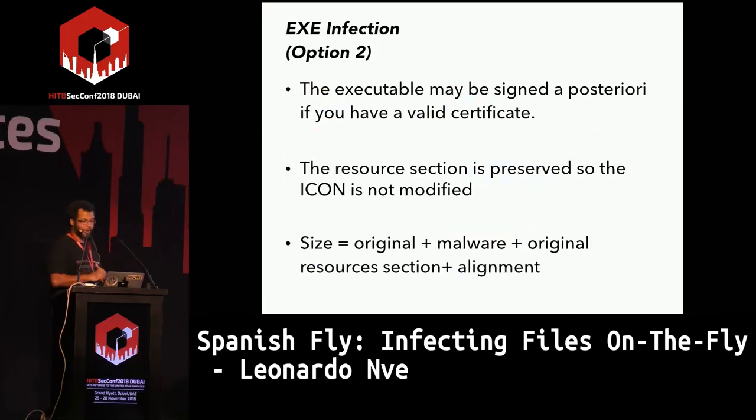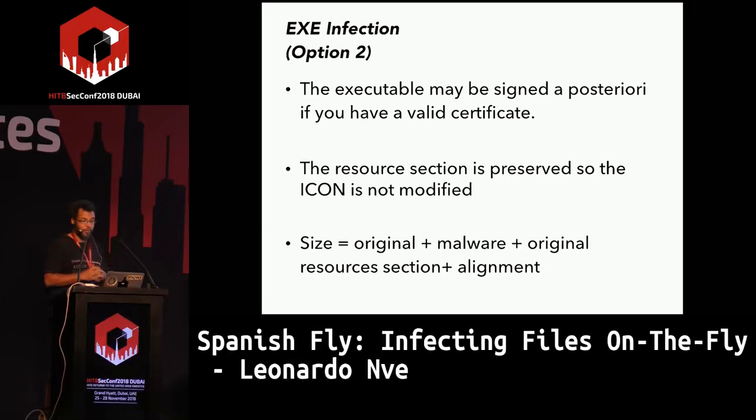Again, the executable can be signed a posteriori if you have a valid certificate. As you copy the resource section, you are going to have the icon. The size, you can predict: it is the original one plus the malware plus the original resource section, and some alignment you have to put.